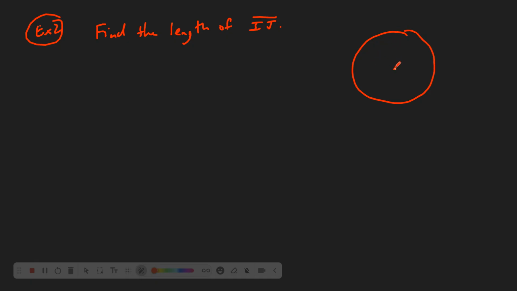So I is the center. We have I to J here, and we have I to K here, and this is my arc. So they want us to find IJ. That's right here. IJ is the radius. So this problem says we are looking for the radius.